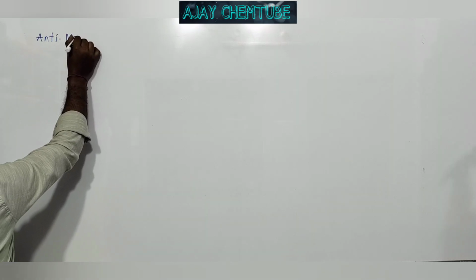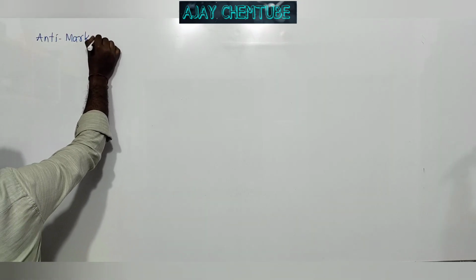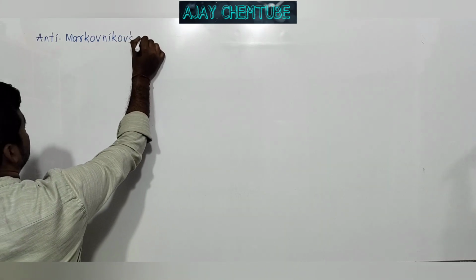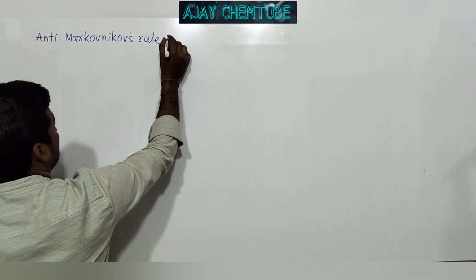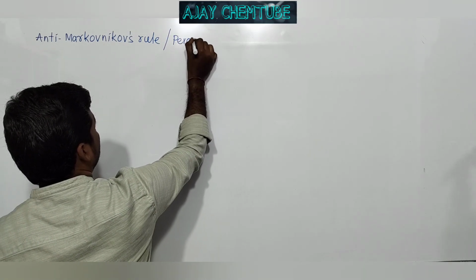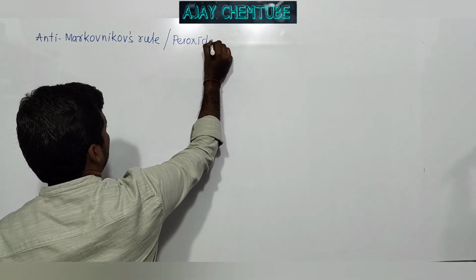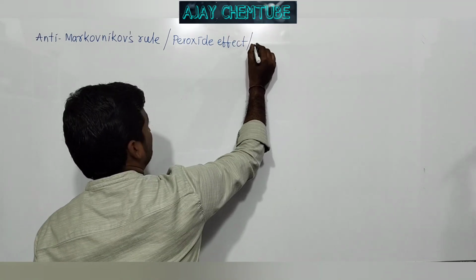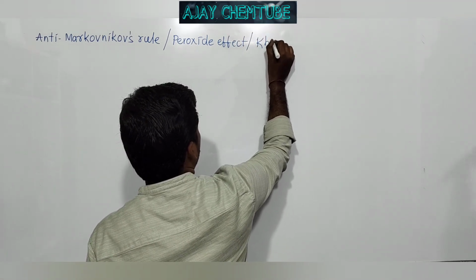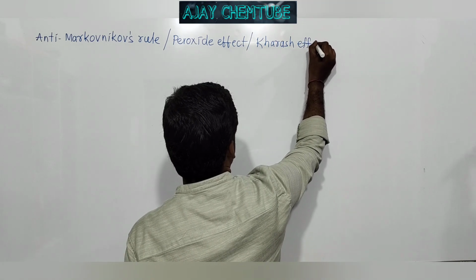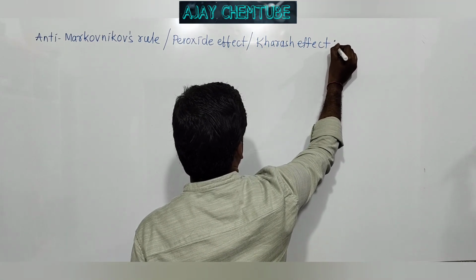It is also called the peroxide effect, and also the Kharasch effect. There are different names for anti-Markovnikov's rule.